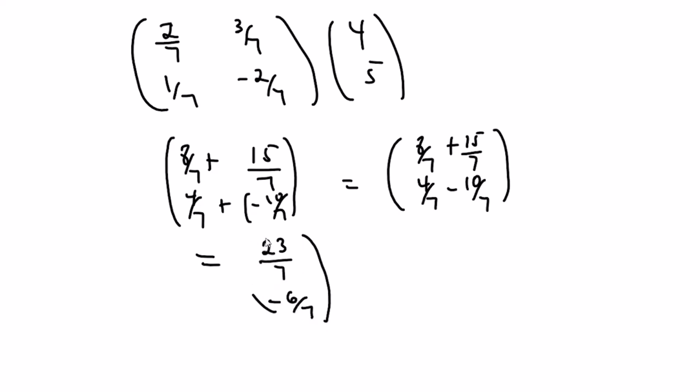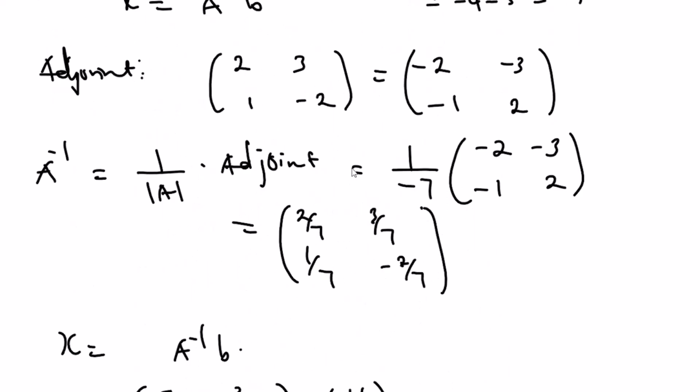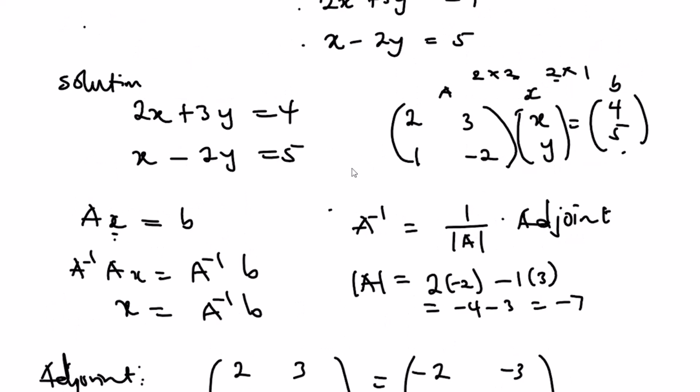What does this element correspond to? So the top one here is the x, and the down one here is what? The y. So let's see. We had the equation in this form.